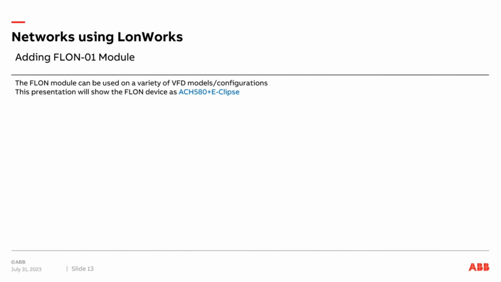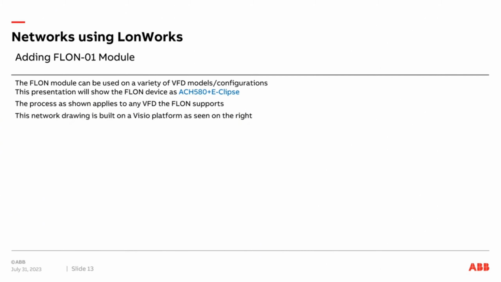But for simplicity, I'm going to add the FLON device and show it simply as an ACH580 plus Eclipse. That's because that's the model and configuration I used to create the presentation. However, the process, as shown, applies to any VFD that the FLON will support. And in general terms, it applies to adding a device to the network anytime we're using this Echelon tool.